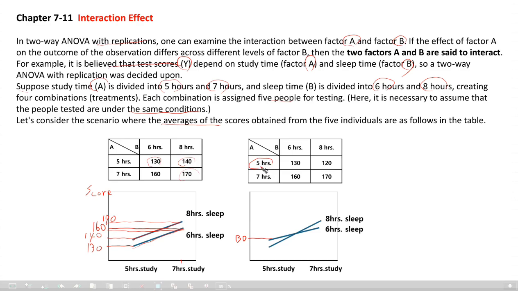Okay, another example. 5 hour study, 6 hour sleep, 130. 7 hour study, 6 hour sleep, 160. And 5 hour study, 8 hour sleep is 120. And 7 hour study, 8 hour sleep, in this case is 170.